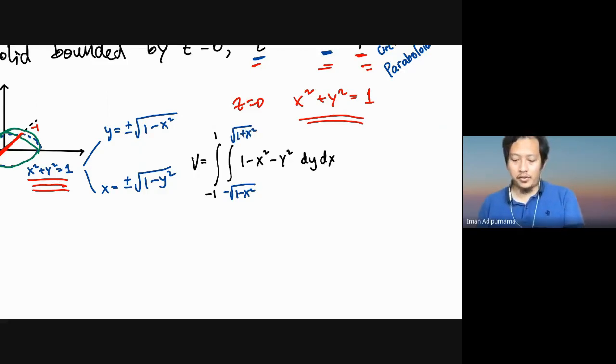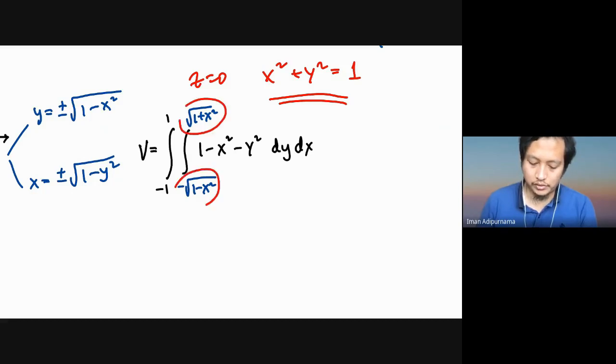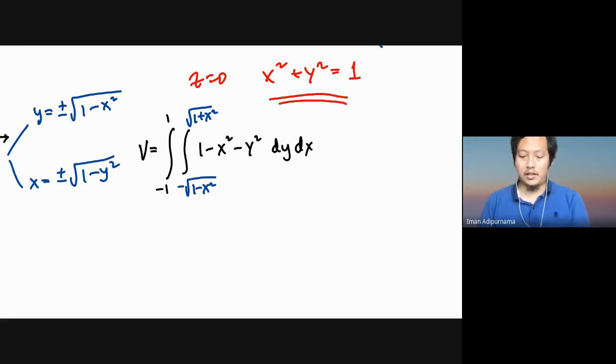Of course, if you want to try and solve this in terms of x and y, you will get complicated solutions, because you have these two square roots. Then the idea is, okay, let's convert to polar.